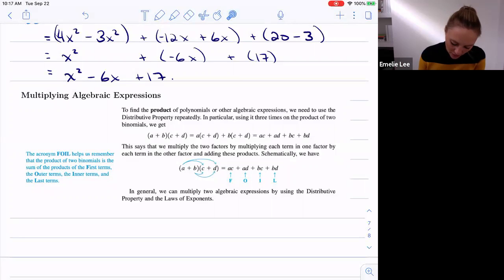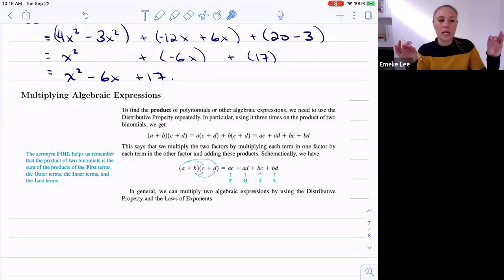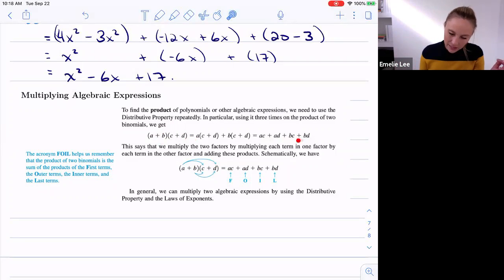So what you want to do is you want to multiply this A onto both the C and the D, but then you move on to B. B has to multiply C as well as the D, right? And there are a couple of ways that we could show it, right? Or go about it. We could say, okay, well, A plus B times C plus D, I could distribute that A times C plus D plus B times C plus D. And either way, you're going to end up with something like this.